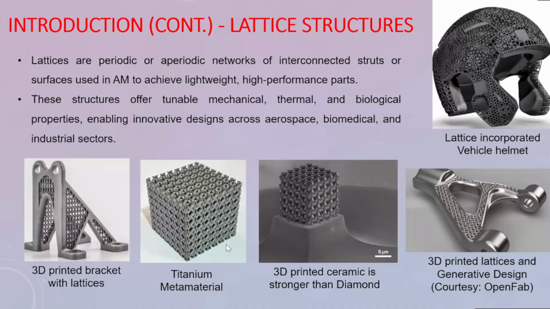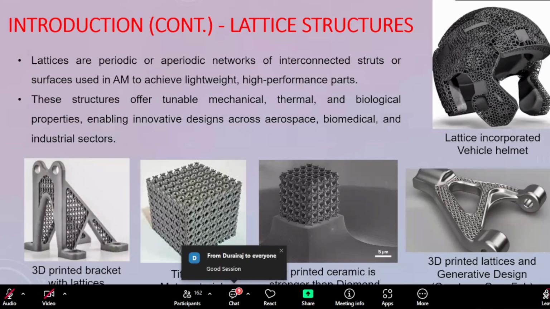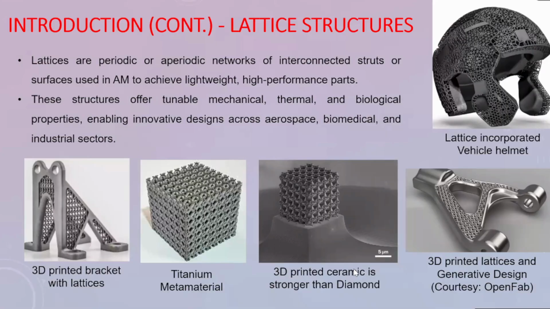And you can have this kind of satellite part, which is printed with titanium material. This kind of design will reduce the weight of the powder which is being used, as well as increase the strength with reduced cost. And you can see 3D printed ceramic, printed with lattice structures, which is stronger than the original diamond lattice material, which was proven.